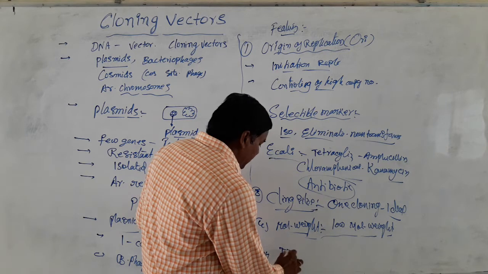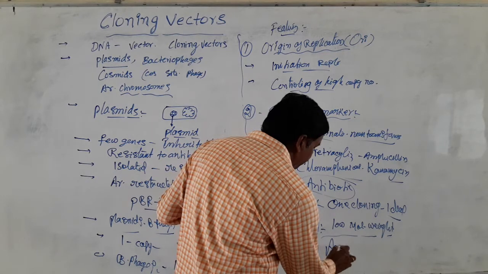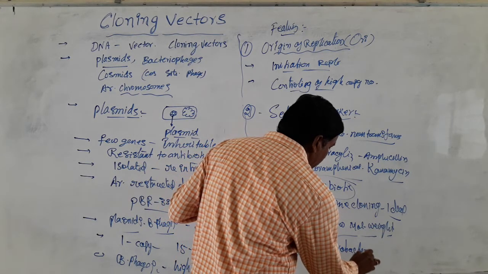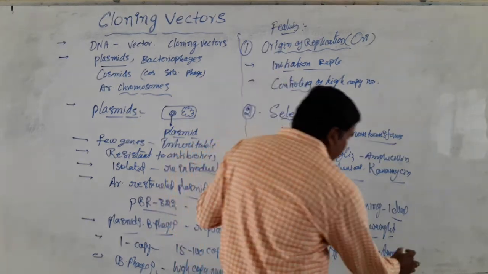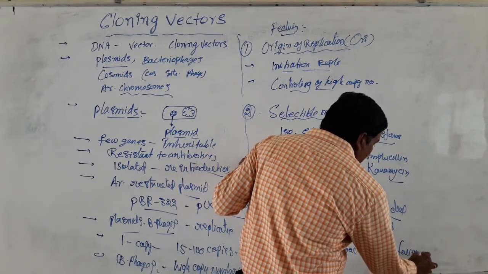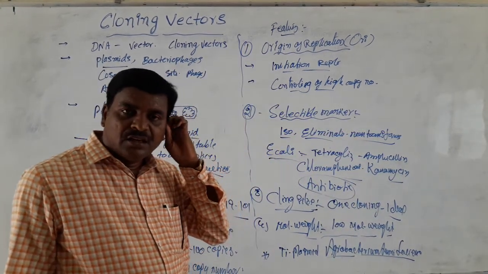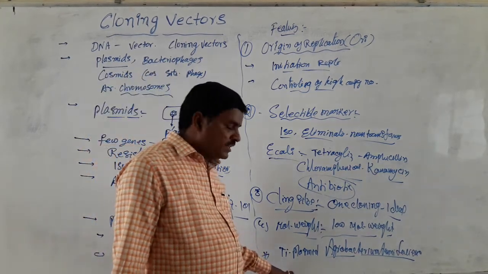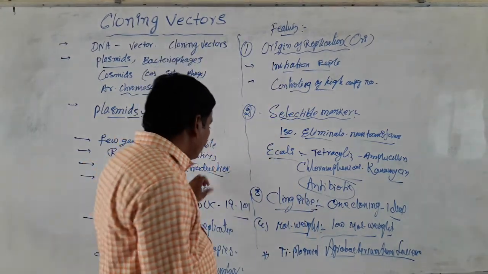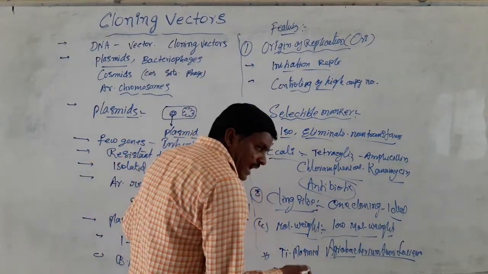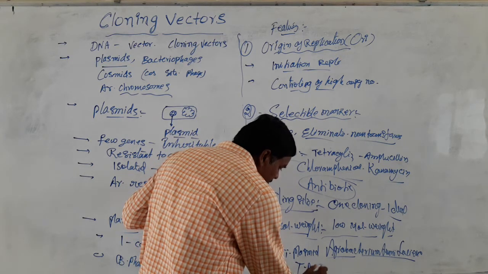Students, now coming to something very important. By using the Ti plasmids of Agrobacterium tumefaciens, which also causes crown gall disease, once this bacterium attacks the host cell, it releases T-DNA, tumor DNA.